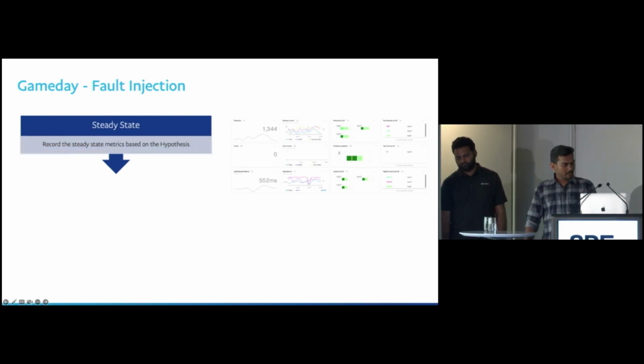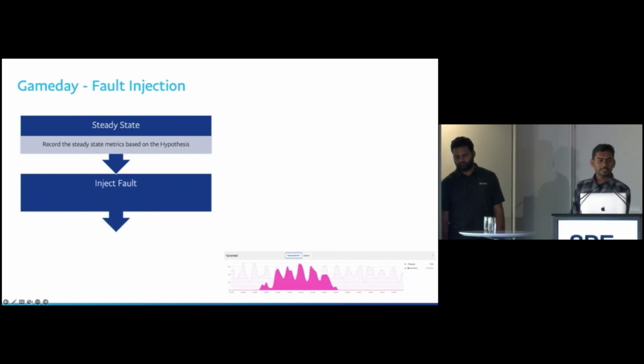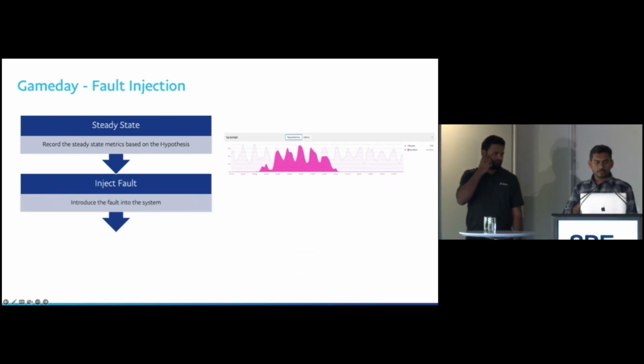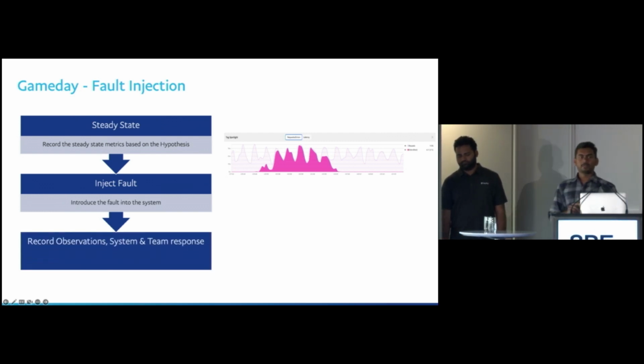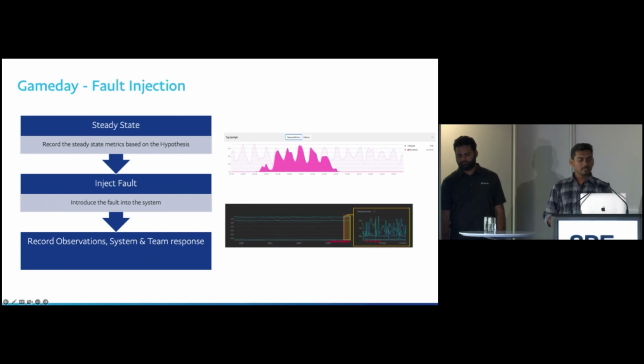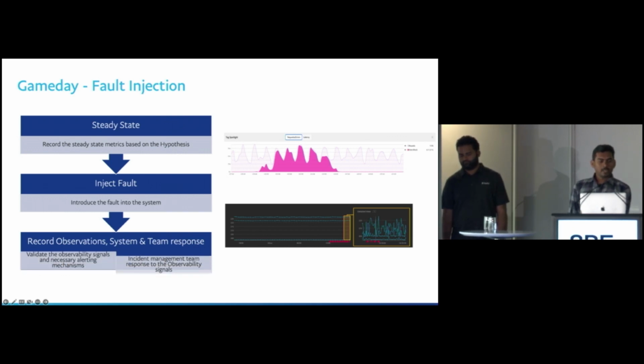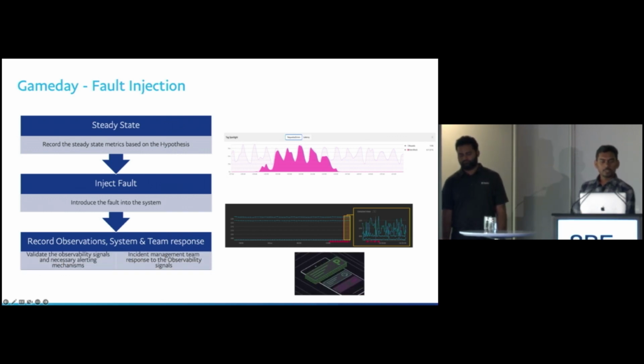The second step is to introduce the fault, and make sure your observability reflects whatever you introduce. And third, but not least, record observations. Make sure all the alerts that are supposed to be triggered are getting triggered, or make a note of the things that didn't go as planned. And make sure your incident response teams are responding as expected.